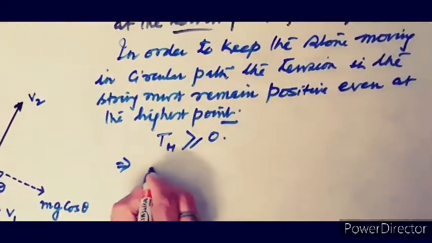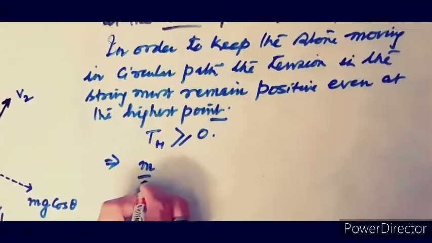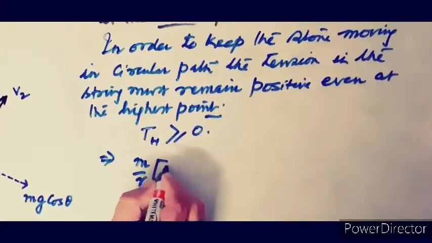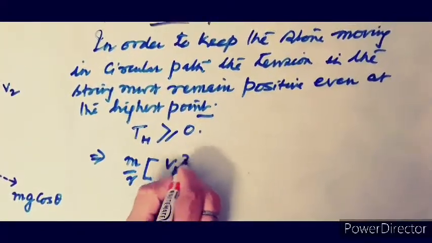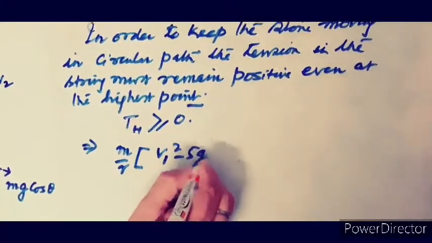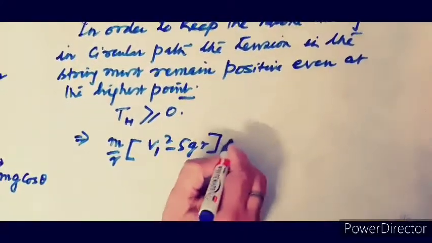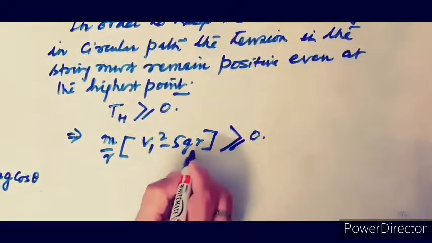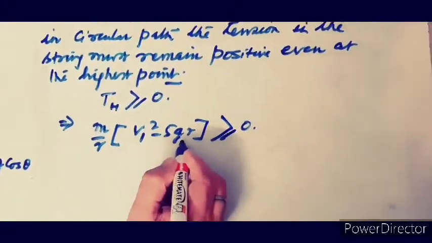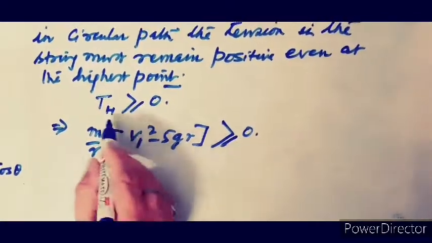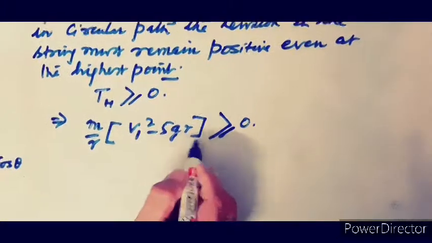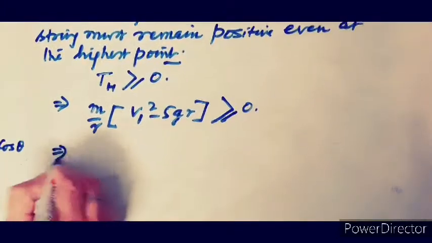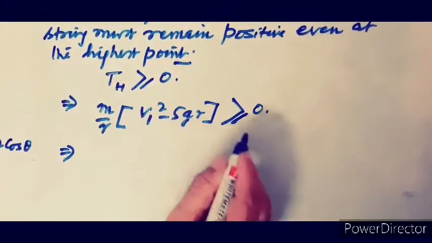So tension at the highest point, we have found m by r into v1 square minus 5gr. That was in the previous equation, maybe equation number 3 or 4. The tension at the highest point, v1 square minus 5gr, is equal to m into r, this side 0.